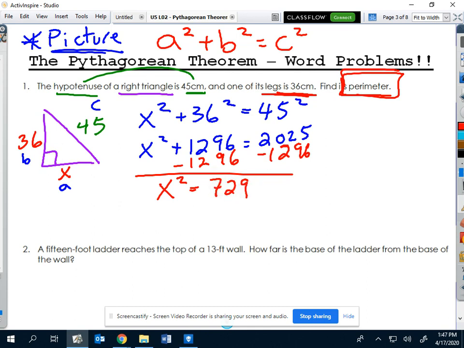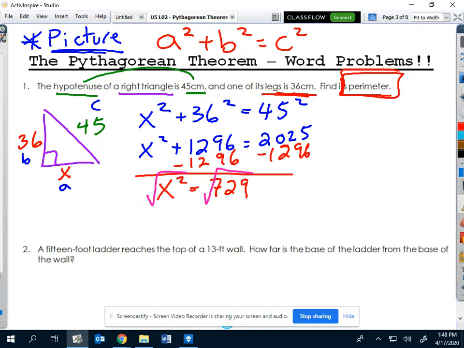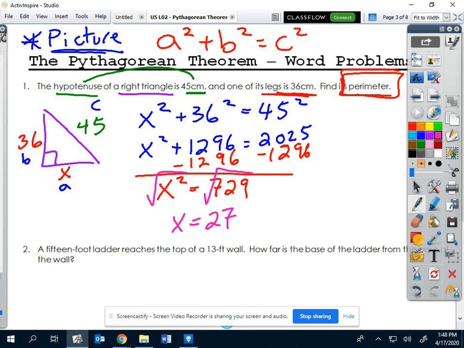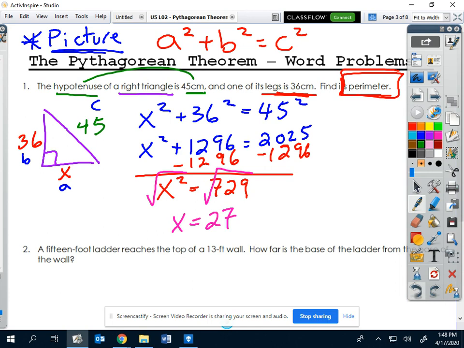Now be careful, that's not your side, because you still have to take the square root of both sides to figure out the last side. So our last side is actually 27. The temptation here, and on any test you might take, would be to write down x equals 27 as your answer. But it's not, because we're still trying to find the perimeter of this shape.